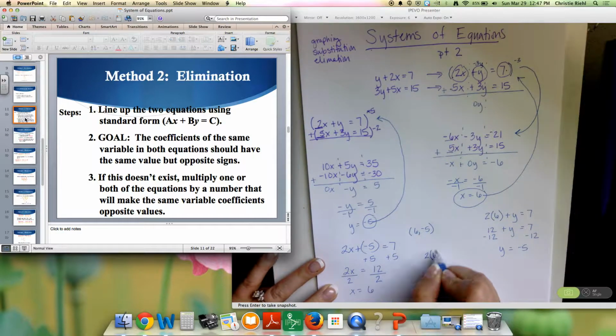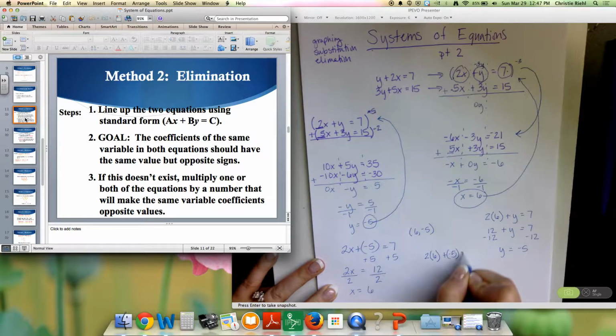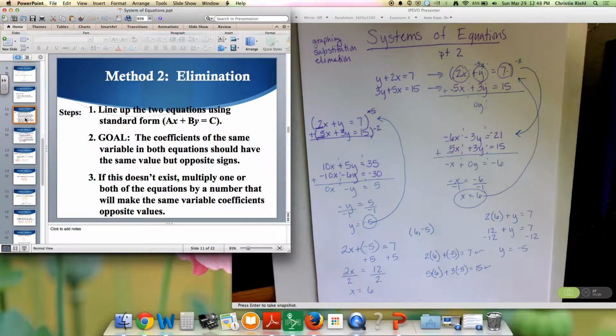So 2 times 6 plus -5, does that equal 7? Why, yes, it does. 5 times 6 plus 3 times -5, does that equal 15? And yes, it does. Okay?